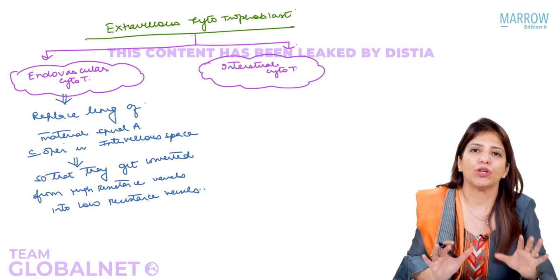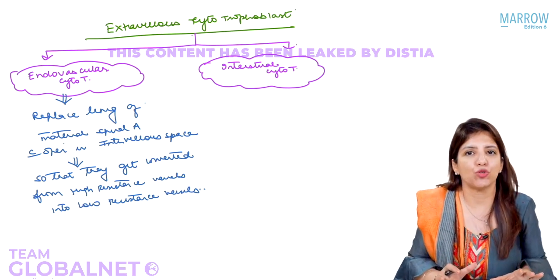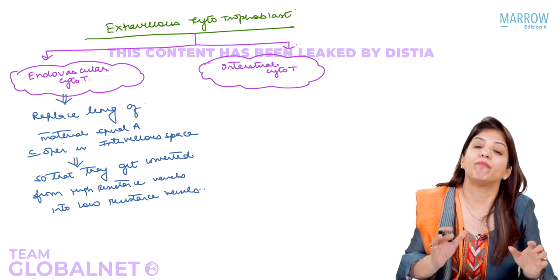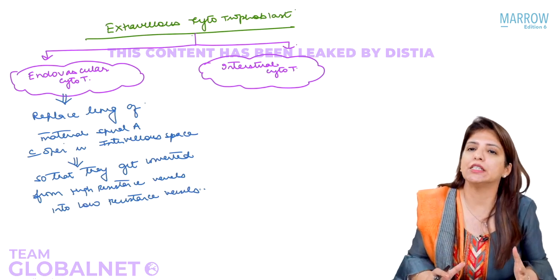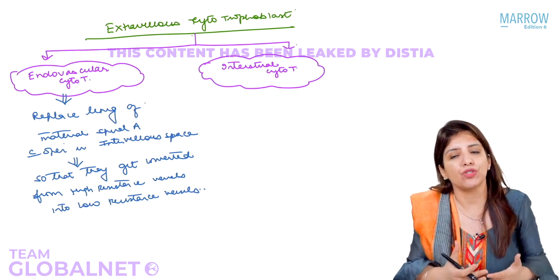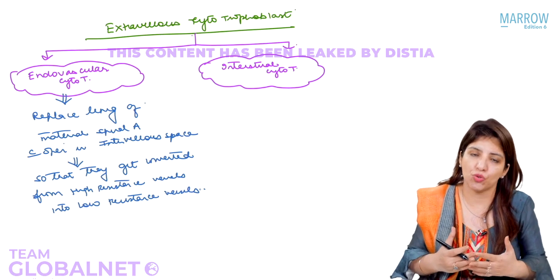Just remember, what is the role of endovascular cytotrophoblast? The role of endovascular cytotrophoblast is to replace the lining of the maternal spiral arteries and to convert them from high resistance vessels into low resistance vessels.